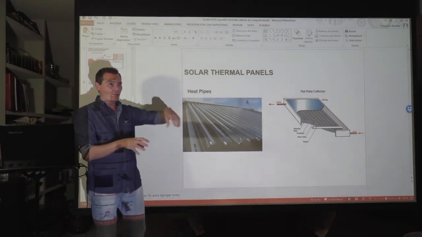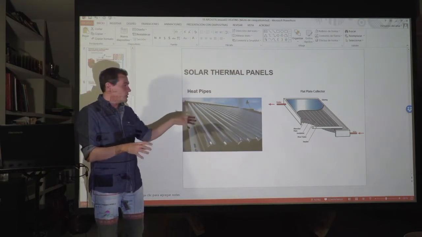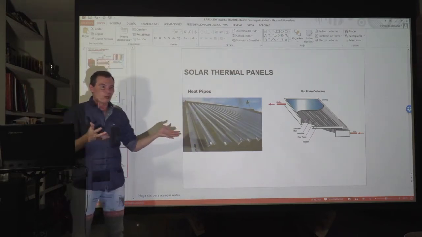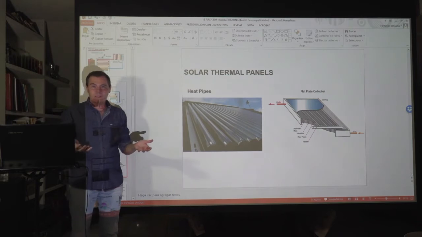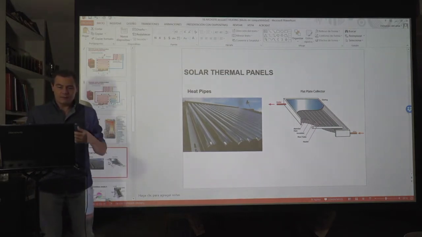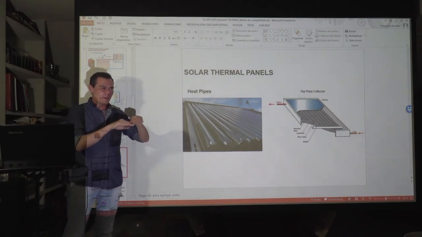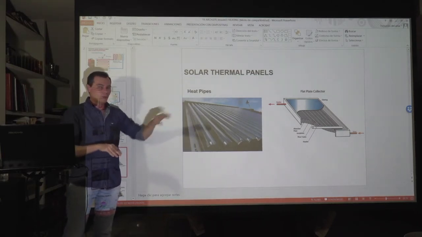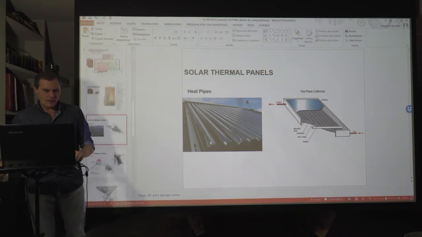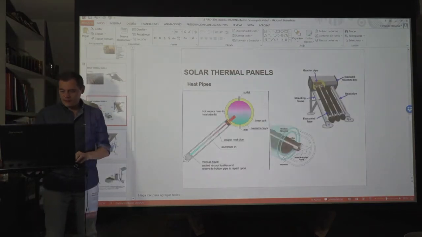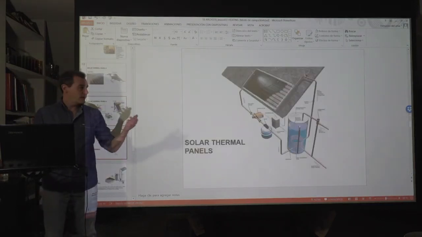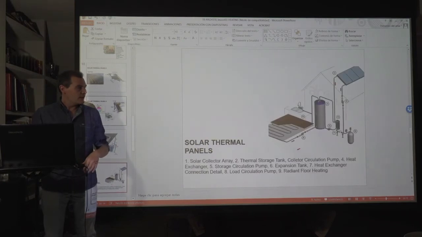We don't emit any greenhouse gas. We don't burn anything, so it's perfect. The problem is the freezing point. If we are below the freezing point of water, we can have issues here. So there are different systems. We will devote a class only to explain these kind of systems.